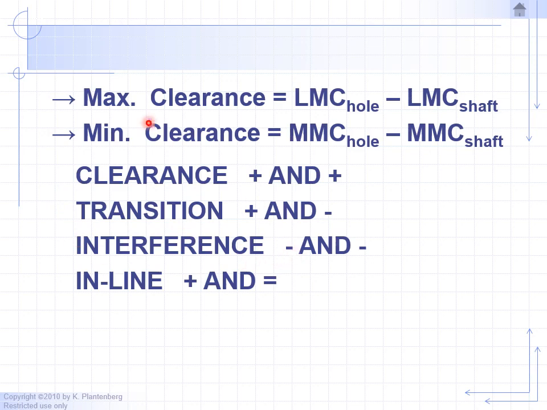If you end up with a negative maximum and negative minimum, it's interference, meaning the hole is always smaller. And an inline or line fit is when you have a positive clearance and a 0 minimum clearance, meaning the diameters are equal. This is like a glove to a hand, a perfect match.